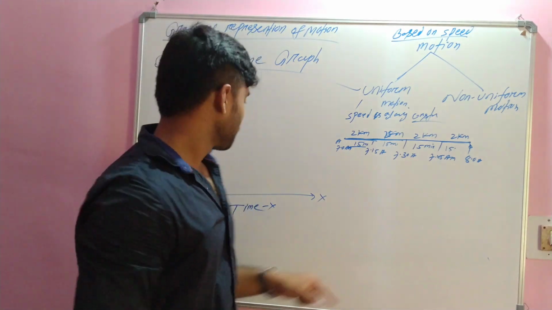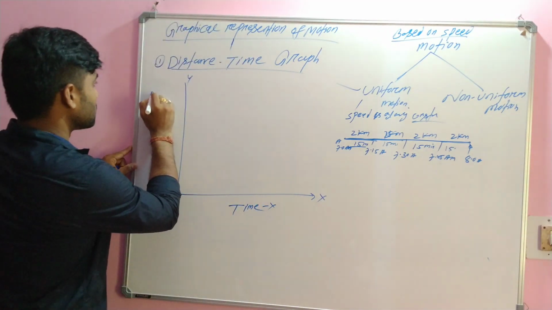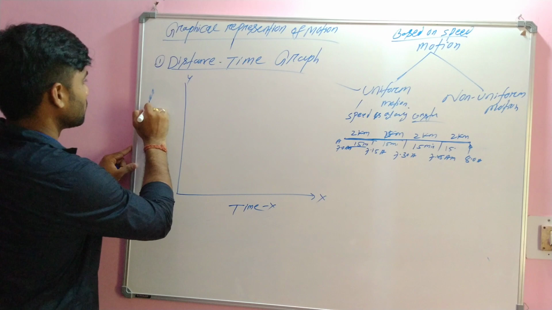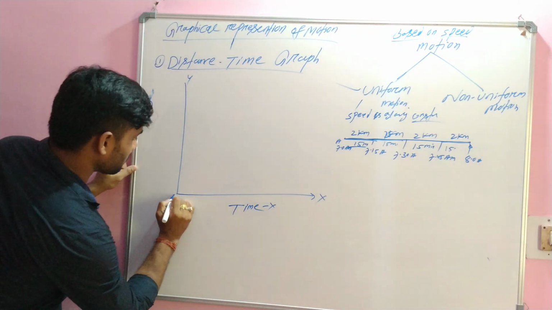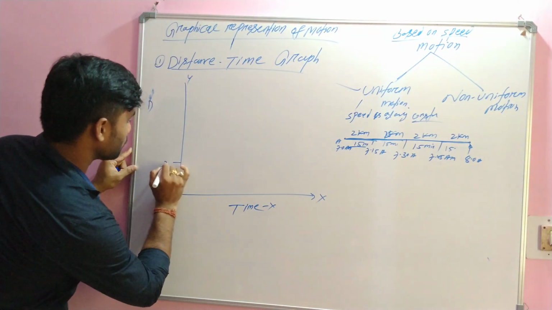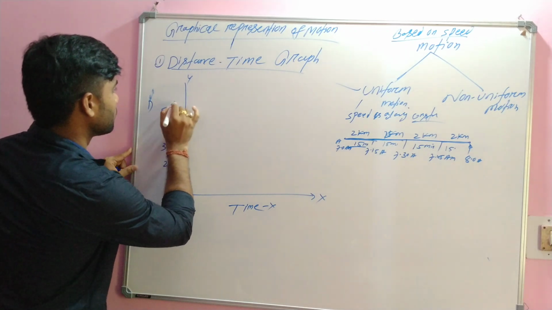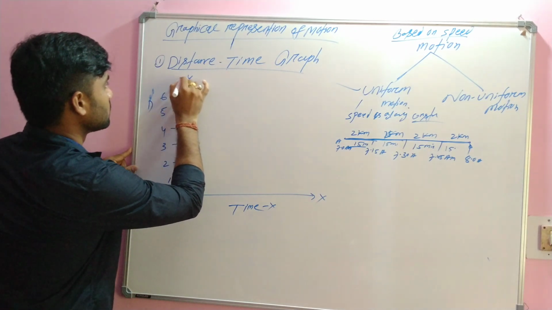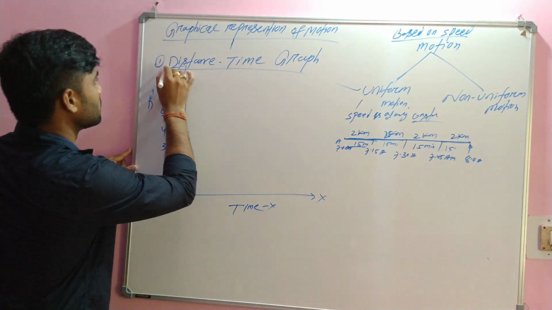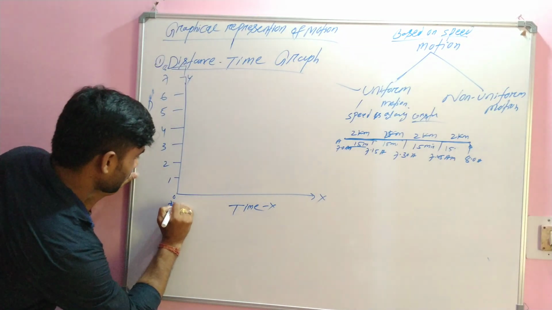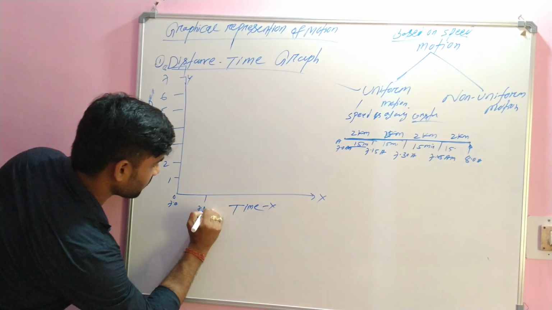And this one is distance, denoted as d. So this is the origin, 1 2 3 4 5 6 7, and this one 8. 7 a.m. and 7:15 a.m.